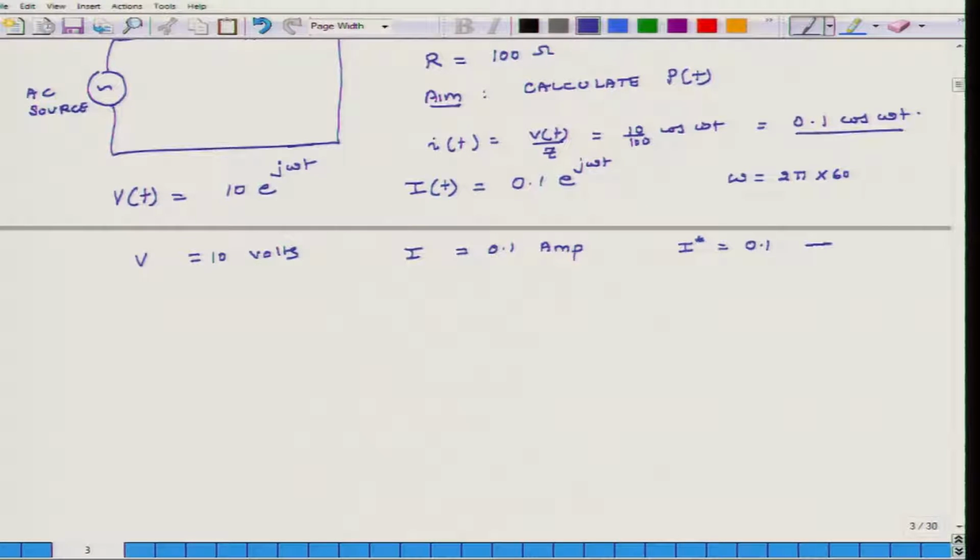So, we put all this in equation 1 or equation 2. What is equation 2? P t equals half of real of V I star plus half of real of V I e to the 2 j omega t.